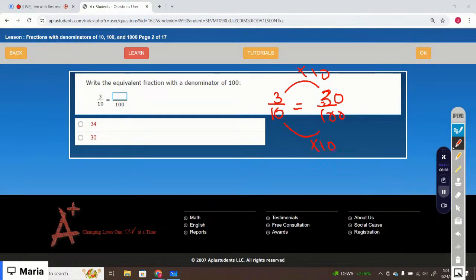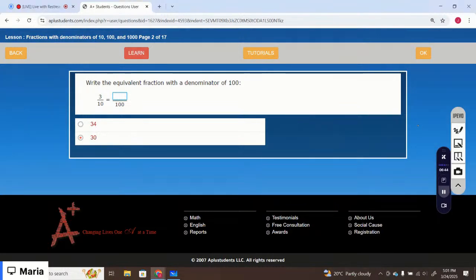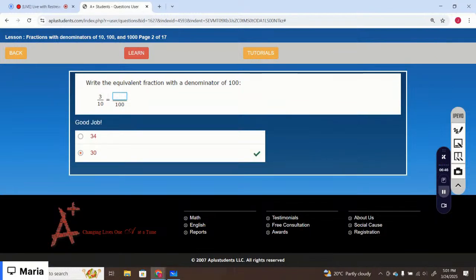So the missing number is 30. Option number 2 is the correct option.